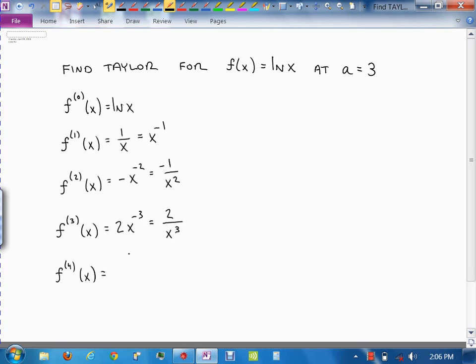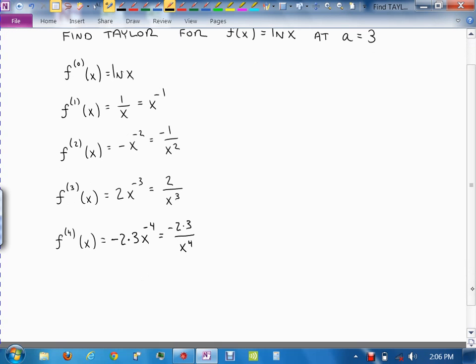Negative 6. Now watch what I'm going to do. I'm doing this on purpose. It's actually going to be negative 2 times 3 x to the negative 4, which is negative 2 times 3 over x to the 4th.